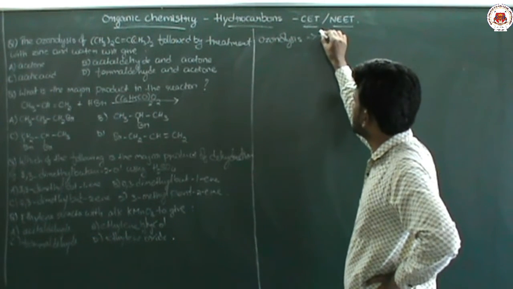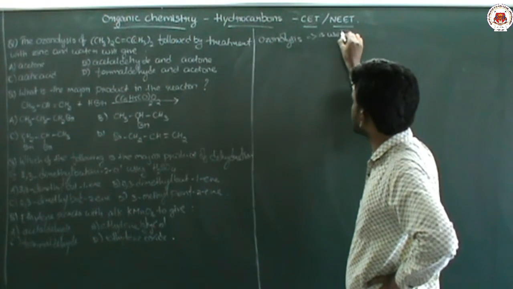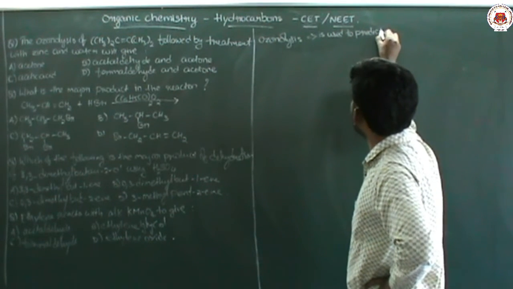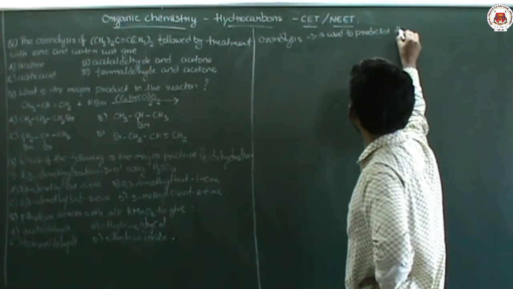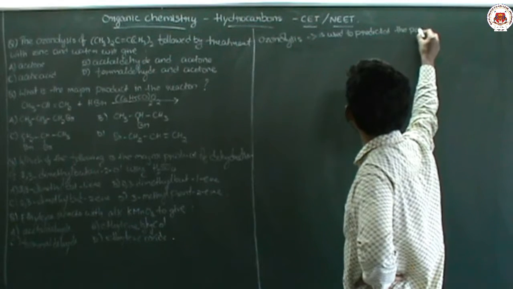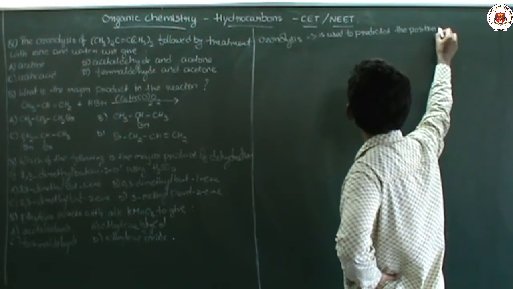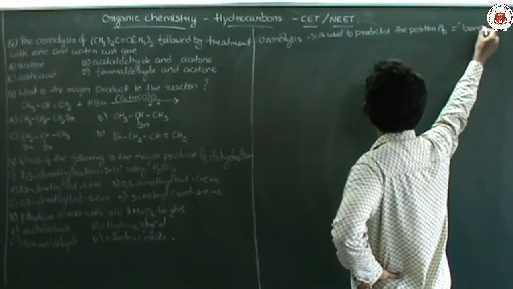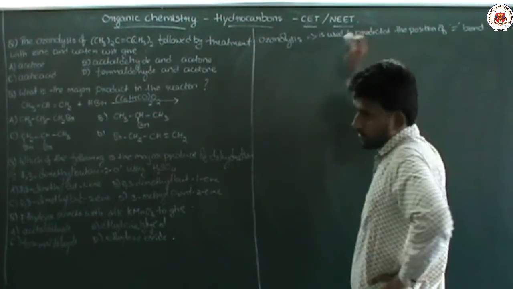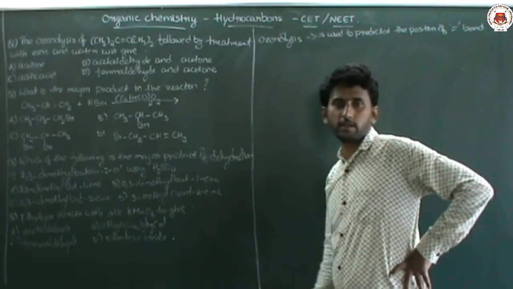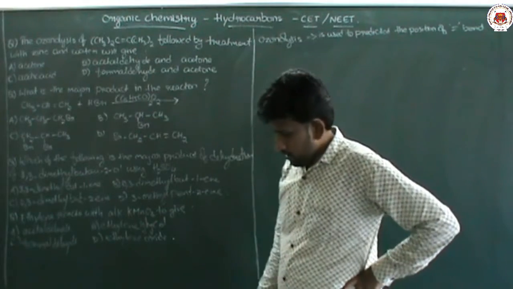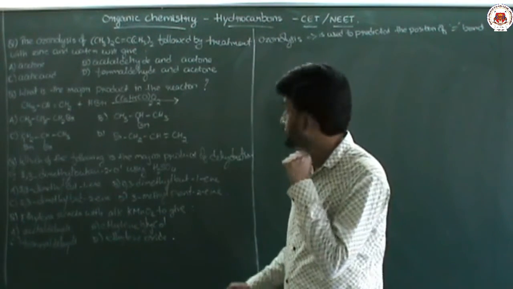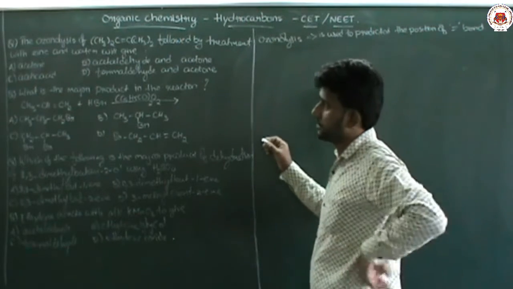It is used to predict the position of the double bond in unsaturated compounds, and also you can differentiate between terminal alkenes and internal alkenes. So let us see what's happening in this.